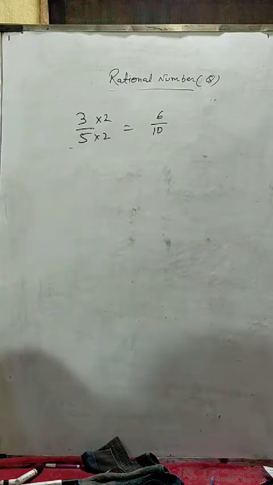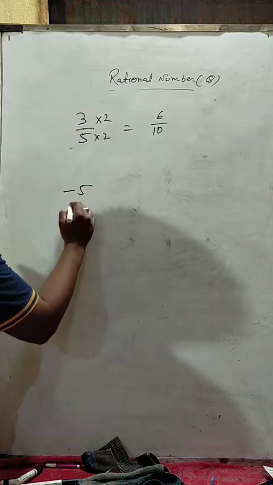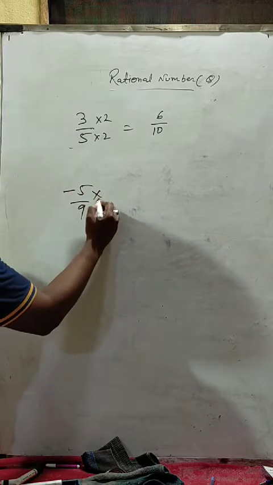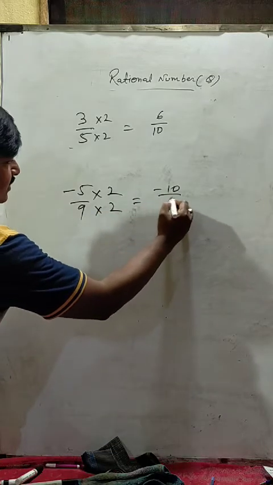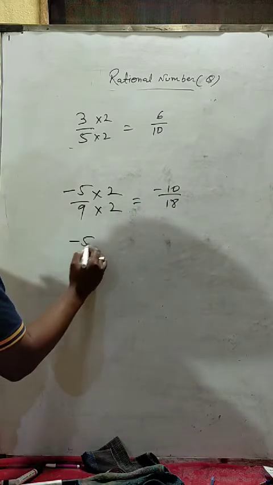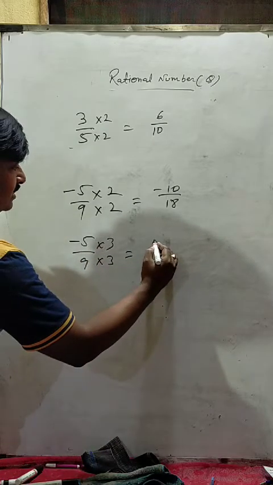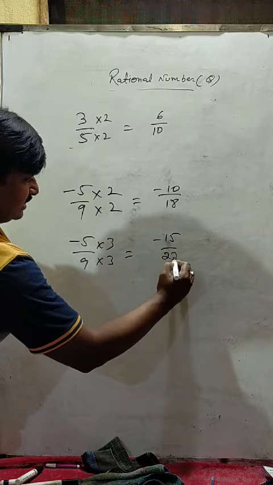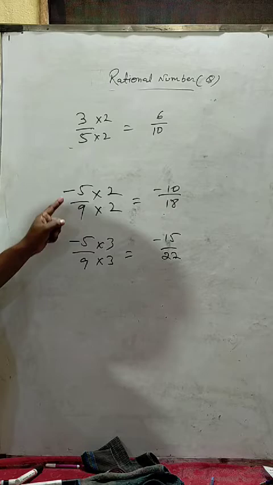Similarly, minus 5 by 9. Suppose we multiply by 2, it is minus 10 by 18. Suppose minus 5 by 9, we multiply it by 3, it is minus 15 by 27. So minus 10 by 18 is the equivalent fraction of minus 5 by 9.